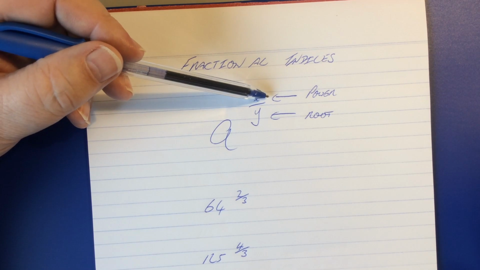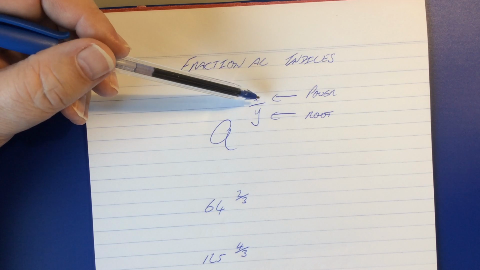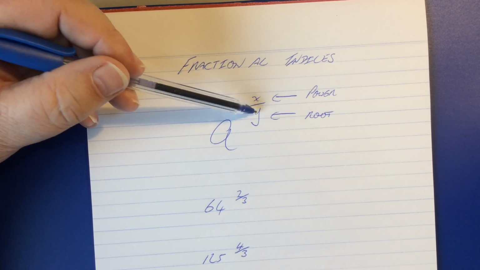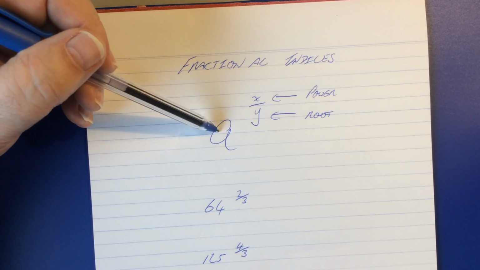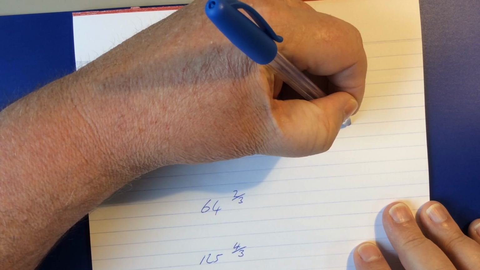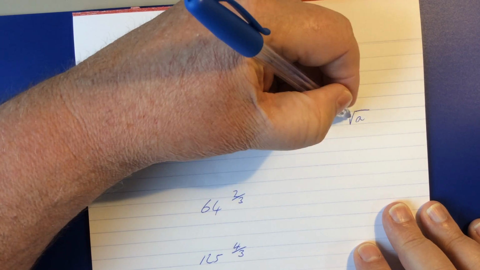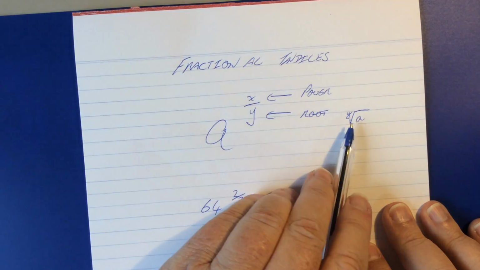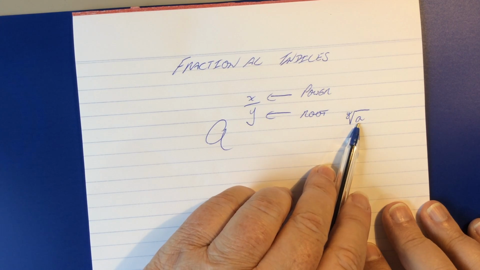Now, what does that mean? It means that individually you find whatever y is, the root of this number or pronumeral. So it's like writing this: the y root of a.